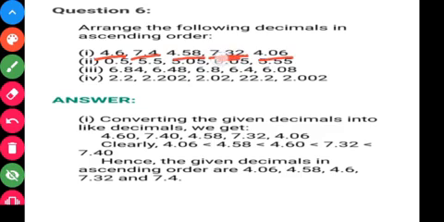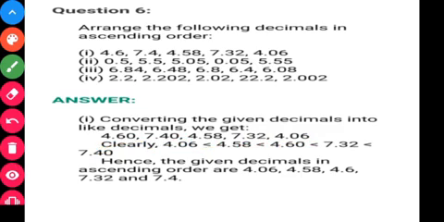So how many decimal places are given? Maximum is 2, so convert all to that. So 4.60, 7.40, 4.58, 7.32, 4.06.